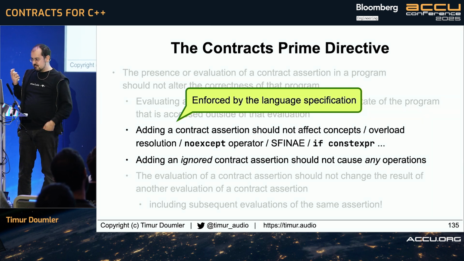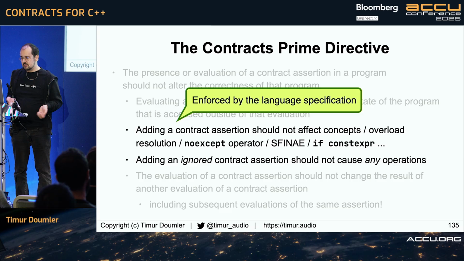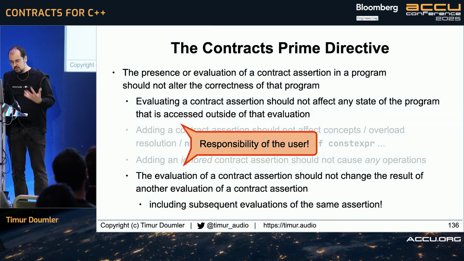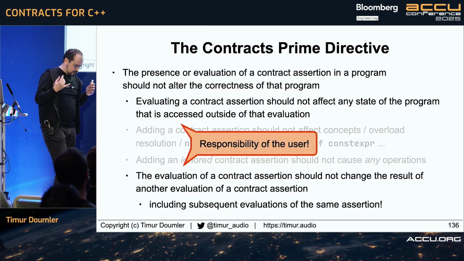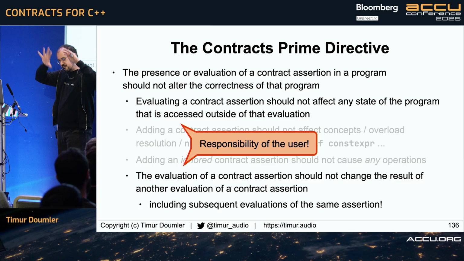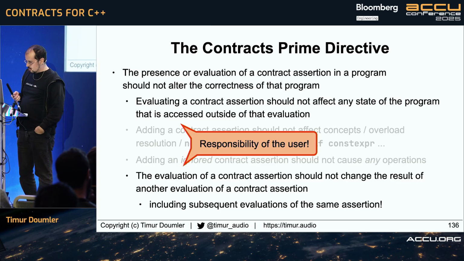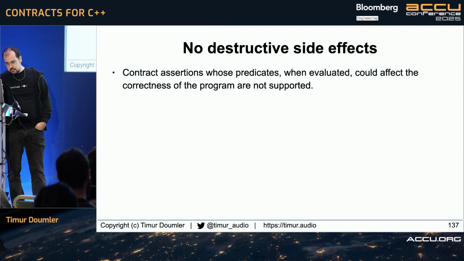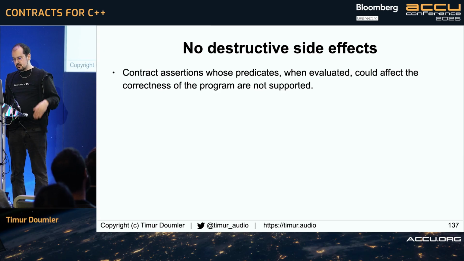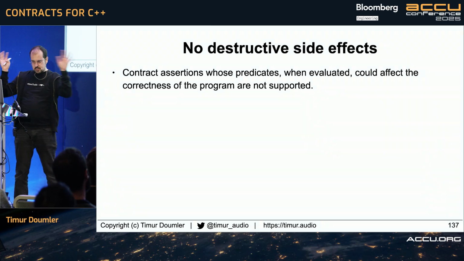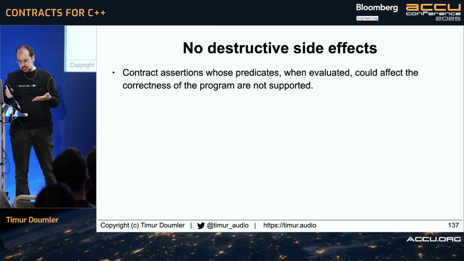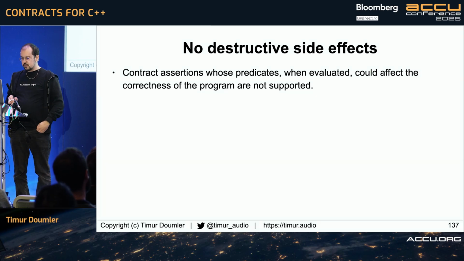But for some of those, the compiler doesn't really know what to do. So it's the responsibility of the user in particular to not write assertions that affect state elsewhere in the program. So we don't support contract assertions whose predicates could affect the correctness of the program, or the state of the program somewhere else, in a way that affects whether the program is correct.